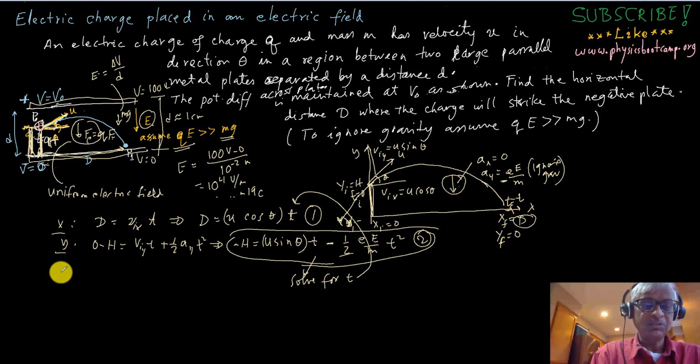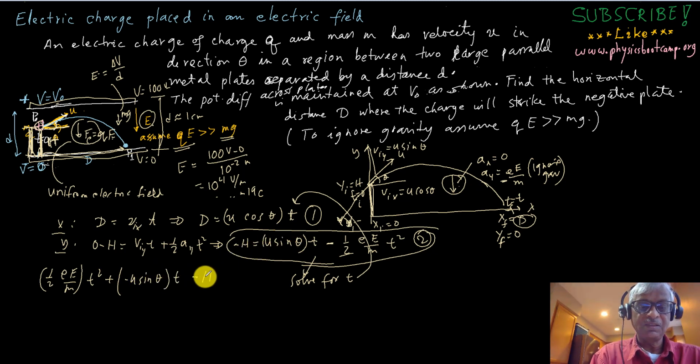So I'm just going to bring everything to this side. So this is half eE over m t squared. So this is one coefficient, and bring this guy over here, minus u sine theta t, and then minus h equal to 0.